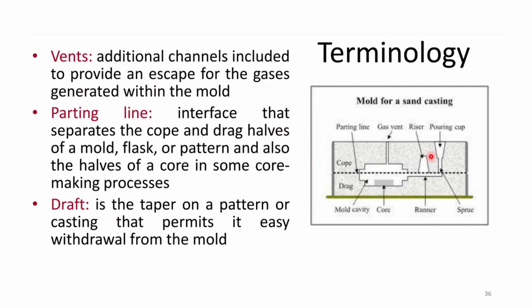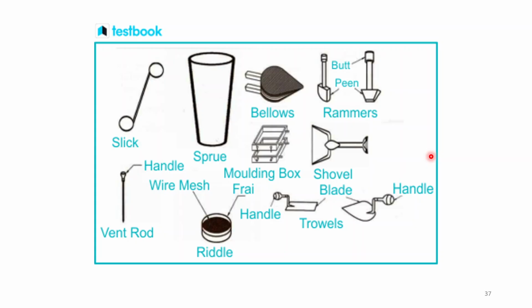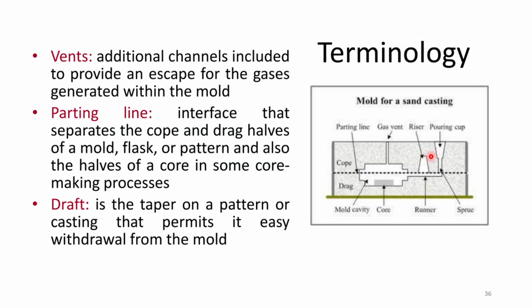Next you have parting line. It is the interface which separates the cope and drag halves of a mold, flask or pattern, and also the halves of a core in some core making processes. So your core can also be in halves. The line which is separating this cope and drag will be the parting line.